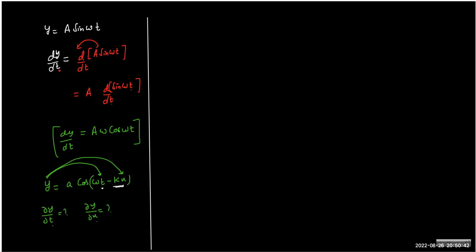What is the differentiation of cos? First, remember that answer. Minus sine. So if this first part is whatever you differentiate, cos of whatever gives minus sine of whatever, and everything else will be there. Now you have to only think of the scaling factor. This part I'm going to get for sure. Now when you differentiate with t, what is the scaling factor?